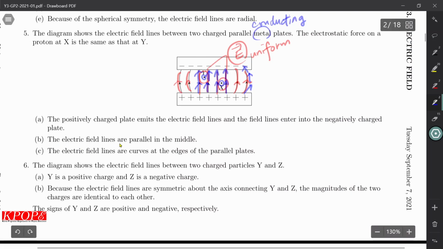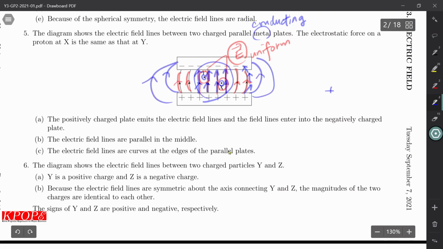So the electric field lines are parallel in the middle, right? In the middle, electric field lines are parallel. They curve at the edges of parallel plates. At the edge, electric field lines are not parallel, but they are curved. Okay?